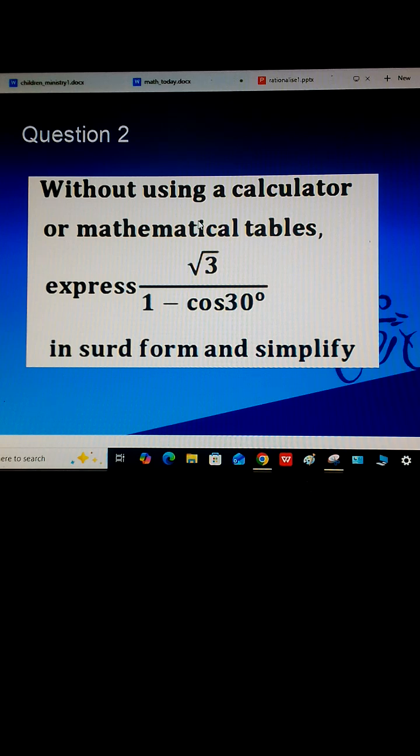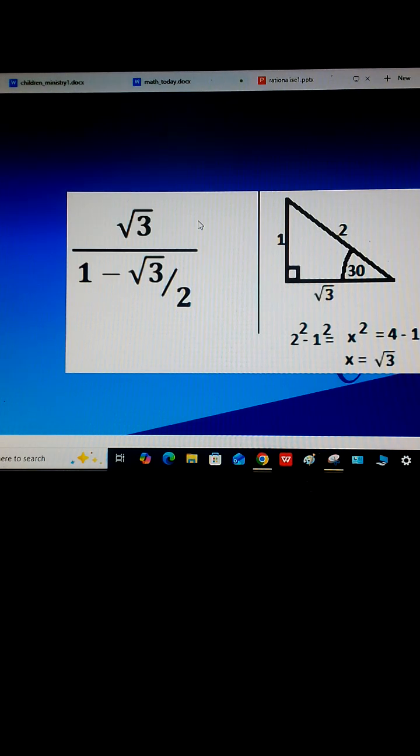What we do is that we use that special triangle, which is a right angled triangle with 30 degrees and 60 degrees. We know that the sine of 30 degrees is 1 over 2, and is equal to the opposite side over the hypotenuse.